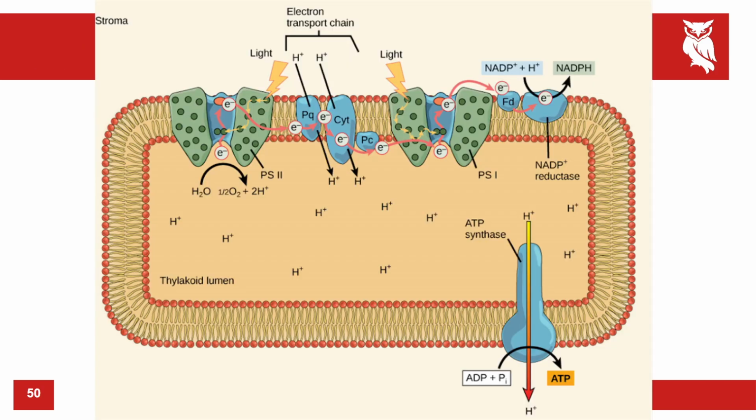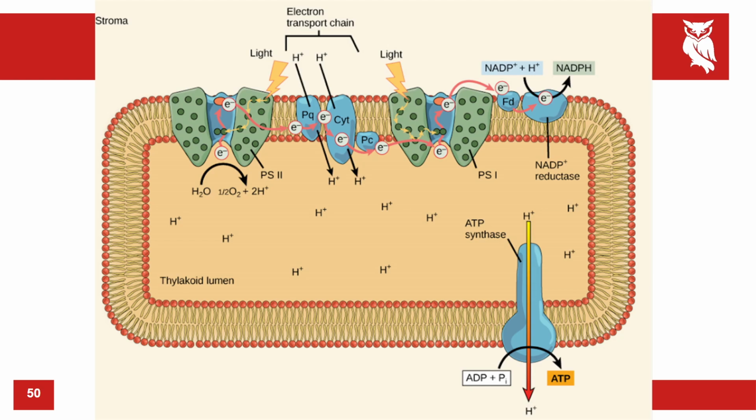Big picture, this is kind of what it looks like. Light energy creates high energy electrons, which go to an electron transport chain that moves hydrogen ions from the stroma into the lumen, the inside of the thylakoid, creating a concentration gradient that will eventually be used to make ATP.